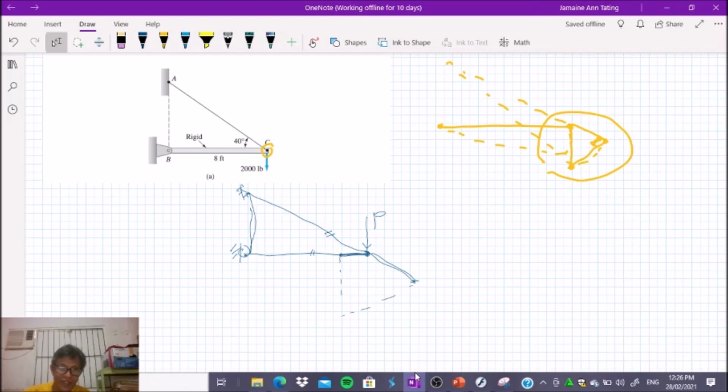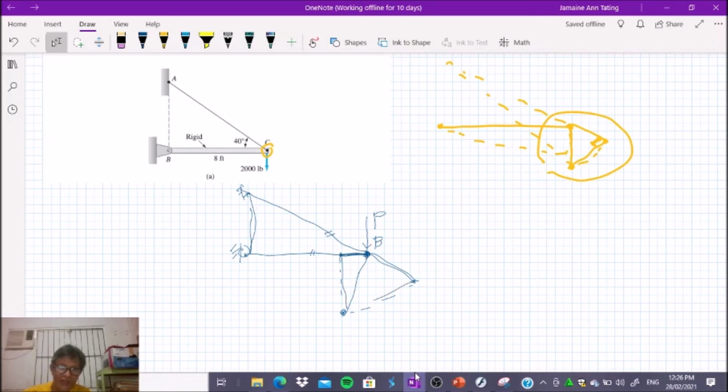So, kumbaga ito iikot din dito na babagsak. Okay. So, kumbaga yan yung movement niya. So, ibig sabihin, itong point na ito, for example, that is point B, nagkakaroon ito ng horizontal movement at saka vertical movement.